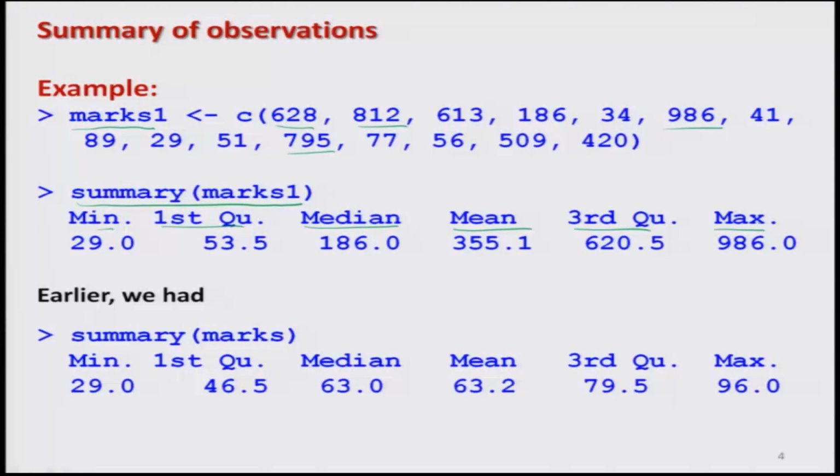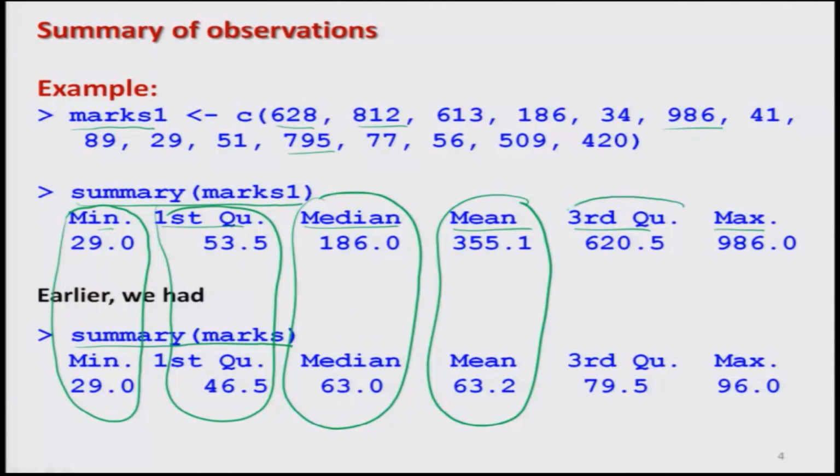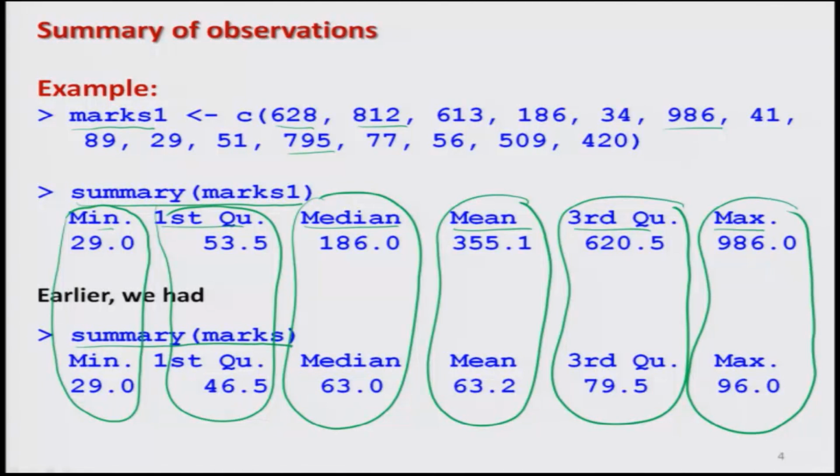And in the last example, we had the vector marks for which we had obtained the summary function like this one. Now, I can compare the minimum of the two data sets, first quartile of the two data sets, median of the two data sets, mean of the two data sets, third quartiles of the two data sets and maximum of the two data sets.